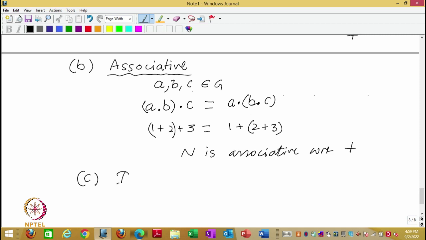The third thing we require is an identity. There should be a special element called identity.